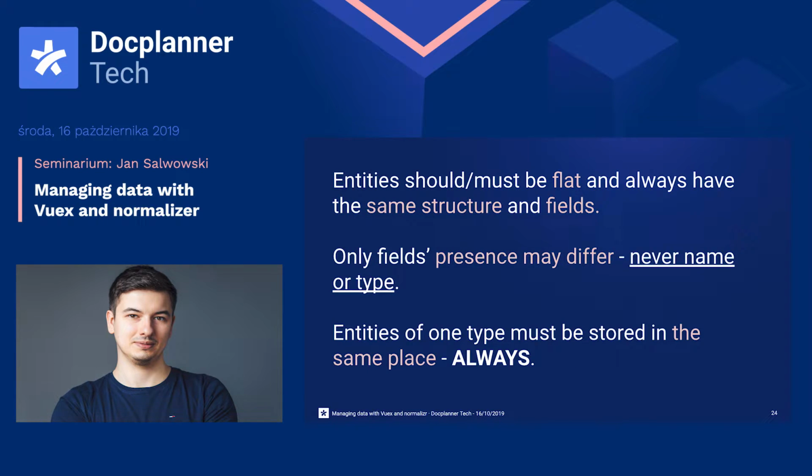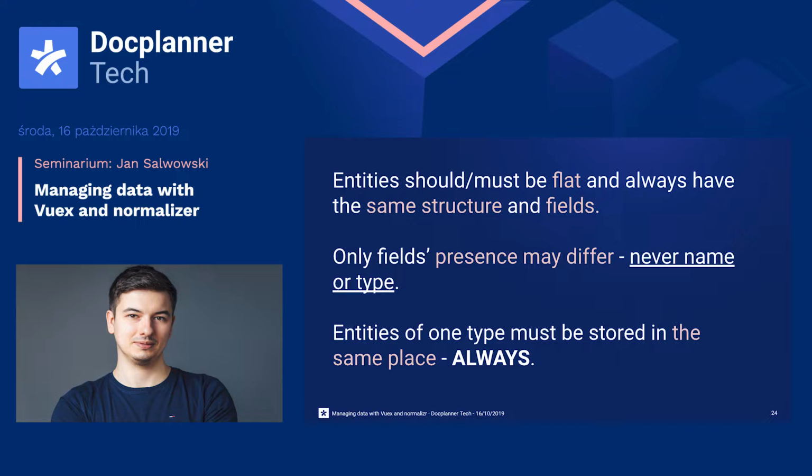Additional rules. Entities should, or even must, be flat. There shouldn't be nestings in each entity, and they must always have the same structure and fields. The presence of fields may differ, because sometimes you have a post that has comments and another can have no comments.